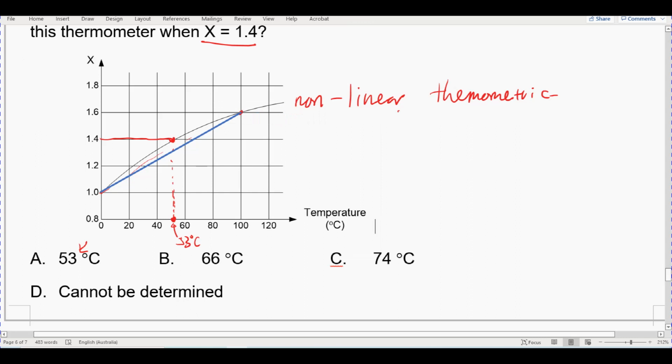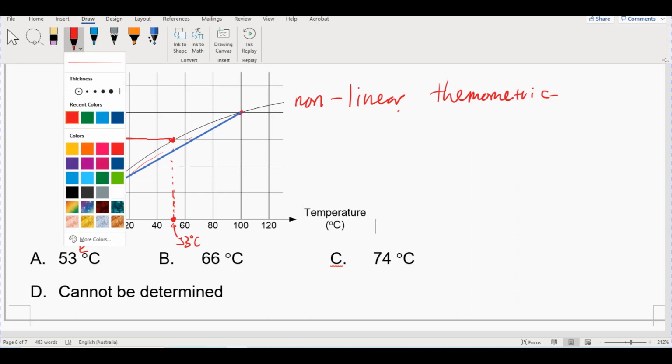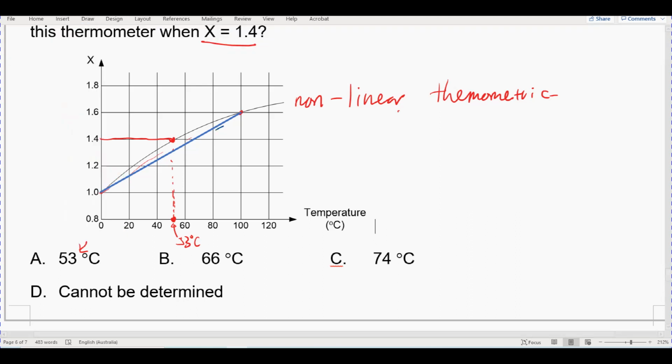Normally when you calibrate a thermometer, you get your 0 and also 100, because you use the melting point and boiling point of pure water to calibrate. If you treat it like a linear scale, then here's the linear one. The non-linear is the true, supposed reading, but the linear is the one they have calibrated.